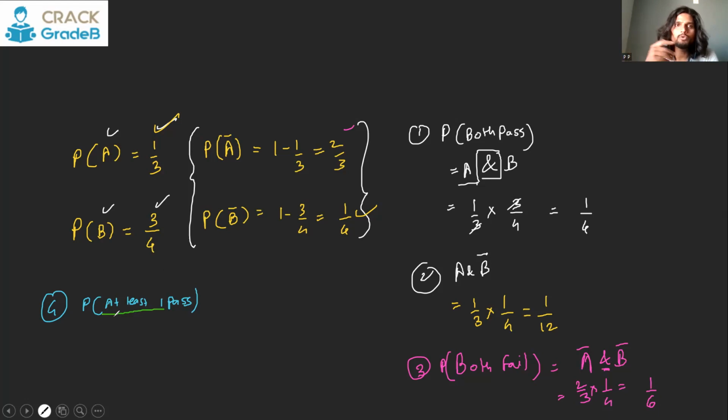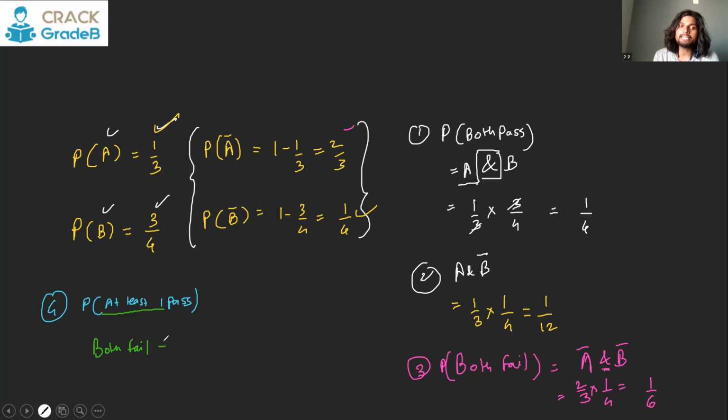Imagine you are a parent and you have two kids, both are weak, and you are praying to God, please at least one of them be passed. So what is the complementary case of that? Both fail. You don't want both to fail. When you say at least one to be passed, you don't want both to be failed. So both fail is our complementary case.